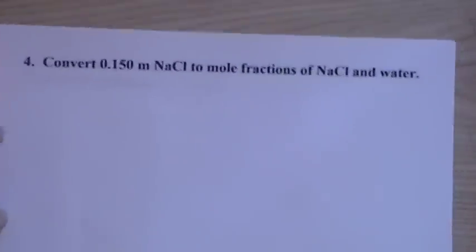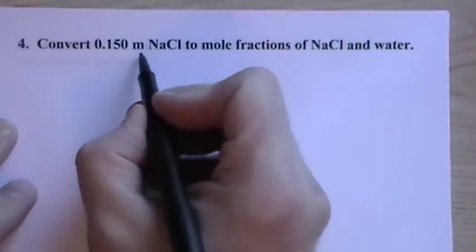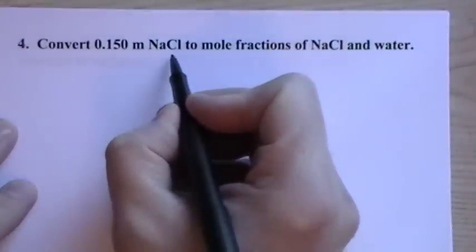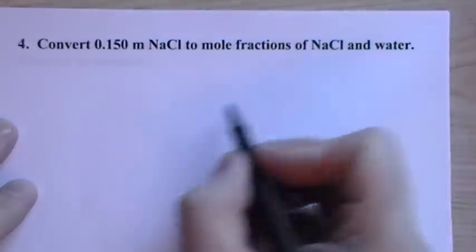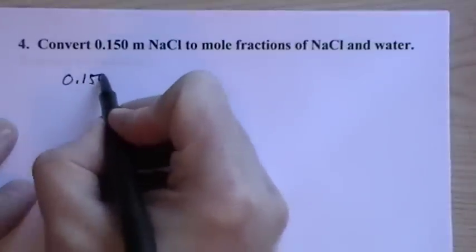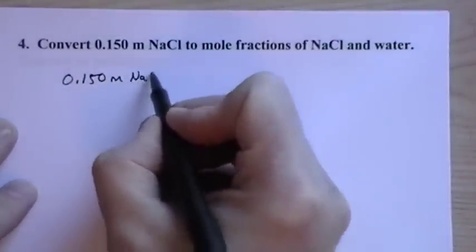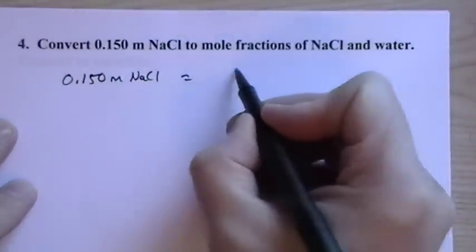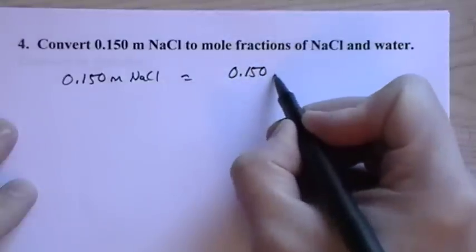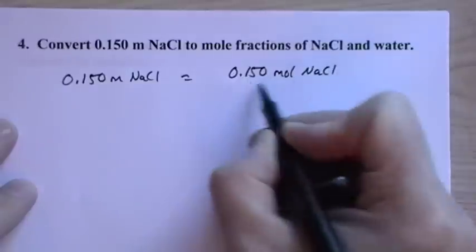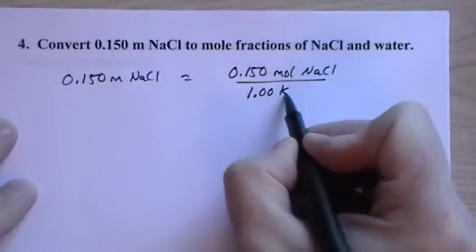Now we want to convert from one to another. So we want to convert 0.150 molal NaCl to mole fractions. So that 0.150 molal NaCl equals 0.150 moles of NaCl over 1 kilogram of water.